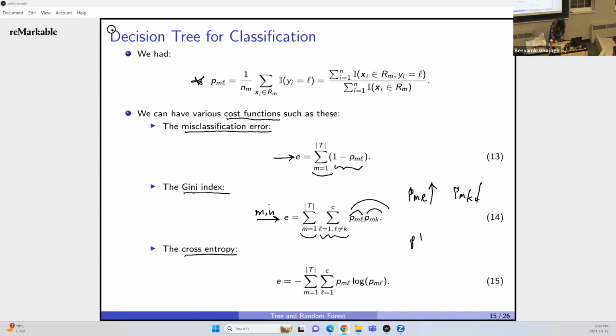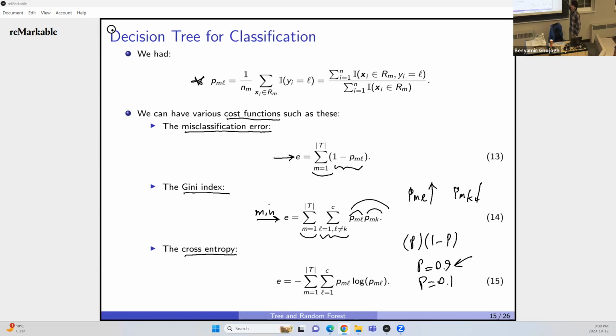Do you agree that if P is 0.9 it is good, and if P is 0.1 it is also good? P equals 0.9 means the region is almost class 1. P equals 0.1 means the region is almost class 2. Both are good. I want the region to be pure. I don't care which class label it is.